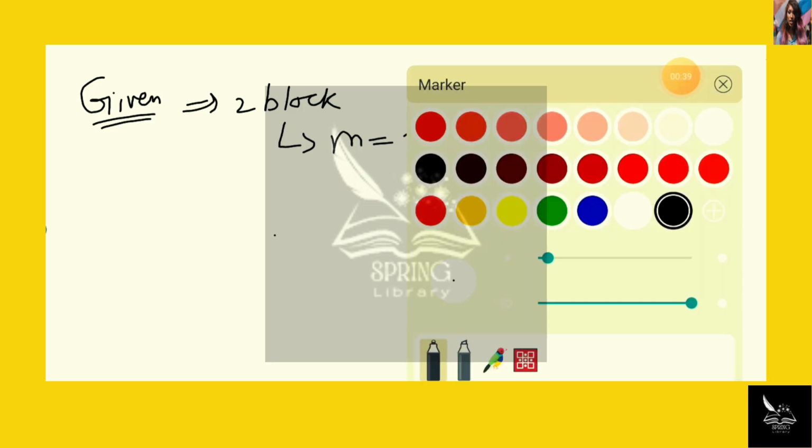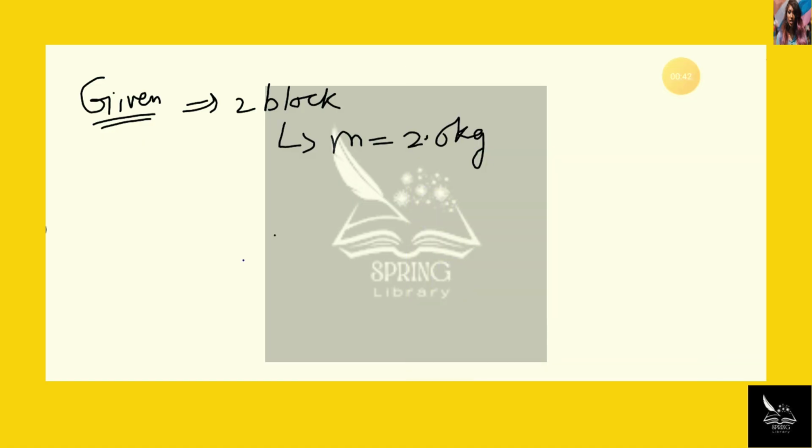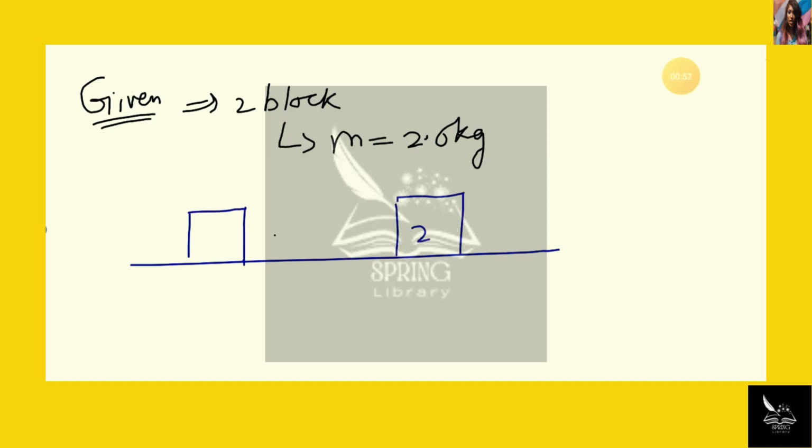That means here I will draw the figure so that you can understand the data. So this is the ground, and consider that this is the first block and this is the second block, having the same mass, equal to 2 kg.